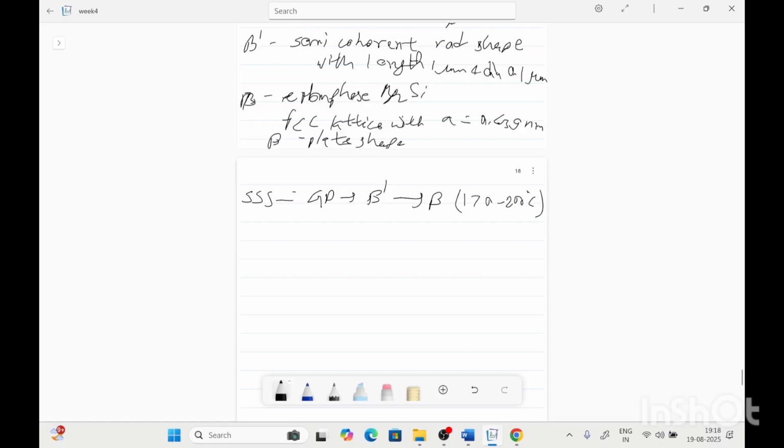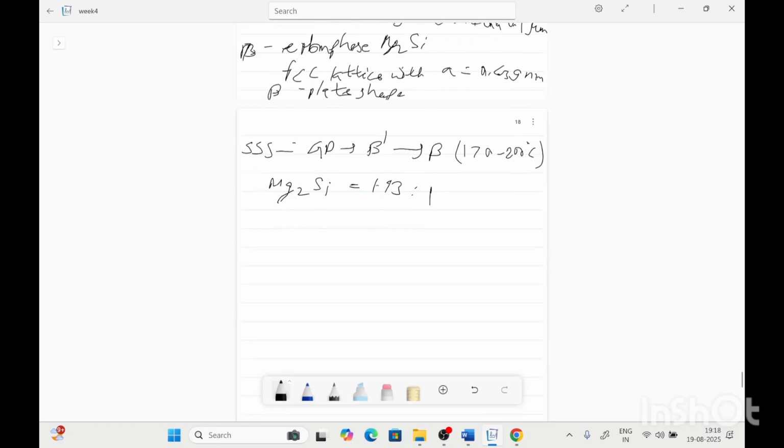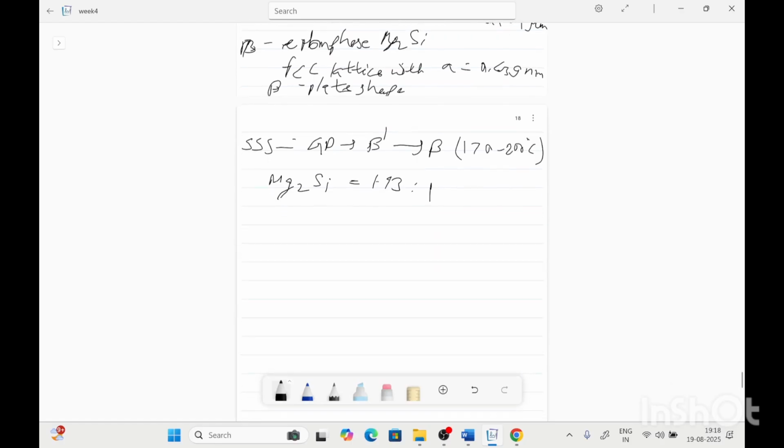And the ratio of magnesium to silicon is 1.73 to 1. If silicon is present in a small concentration, the small concentration of silicon increases the strength, but at the same time decreases the corrosion resistance.